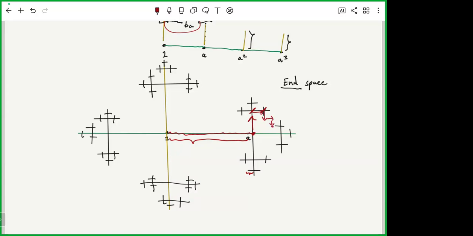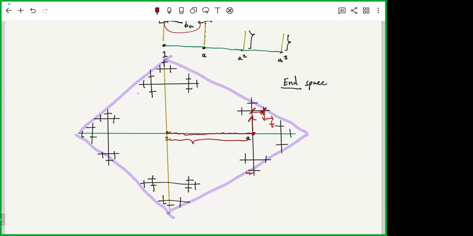If you put all of these classes together, you get the boundary at infinity. Imagine that this is a square. The boundary at infinity is a subset of this square, and this is the end space. This end space is homeomorphic to a Cantor set.